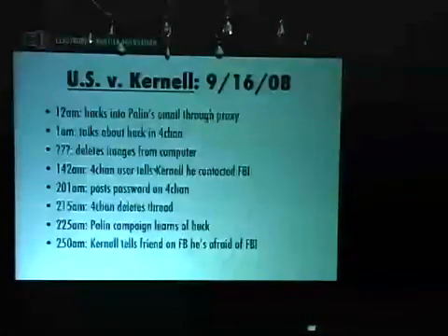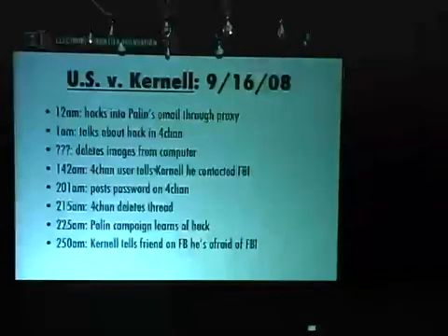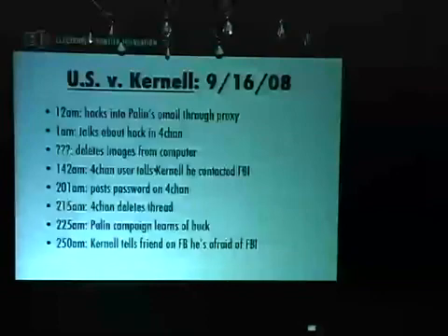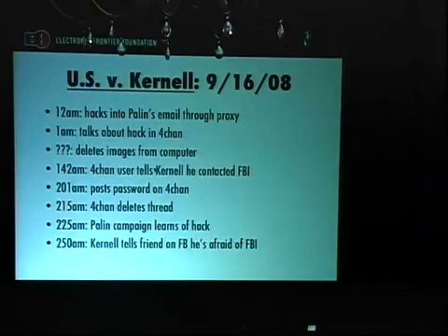So obviously, at midnight, he hacks into Sarah Palin's email through a proxy. At 1 a.m., he brags about the hack on 4chan. At some point, he deletes images that he downloaded from her email onto the computer. Now, what's important to remember is he did not actually get any sensitive information from the email account. So it wasn't like he all of a sudden got a bunch of really important sensitive government documents.